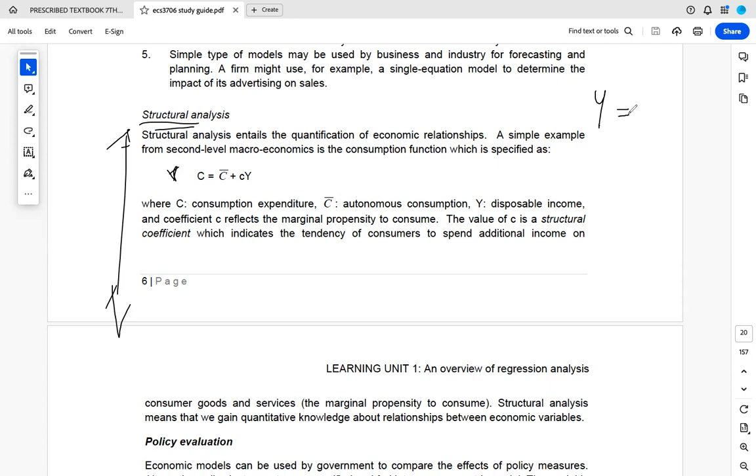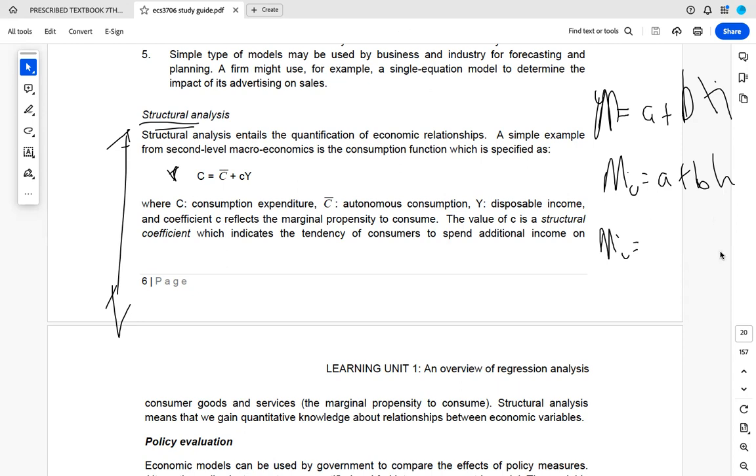Let's say the marks that you get in a test are dependent on the hours of study that you put in. So let's say your marks at time I are dependent on the hours of study.